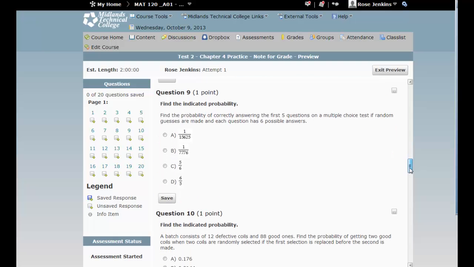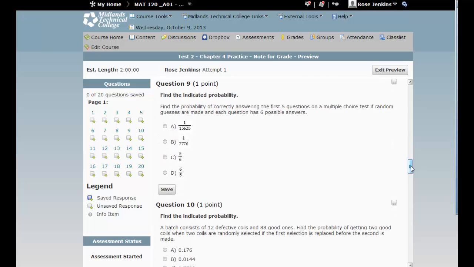All right, I think we hit contingency tables and the addition rule pretty well in that test. I don't know if you'll see that much of that in the actual test. But anyway, next question. Find the probability of correctly answering the first 5 questions on a multiple choice test if random guesses are made and each question has 6 possible answers. That says a lot.